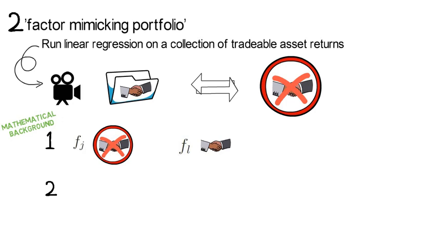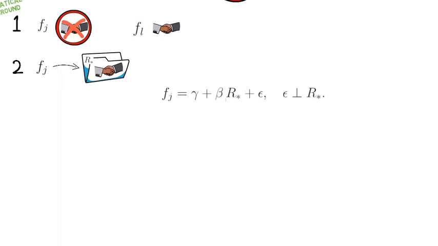So our objective is to substitute the non-tradable Fj with its factor mimicking portfolio. Hence we regress Fj onto a vector of tradable returns, which we call R star. The projection looks as follows.